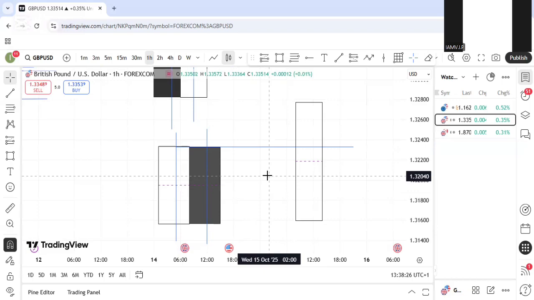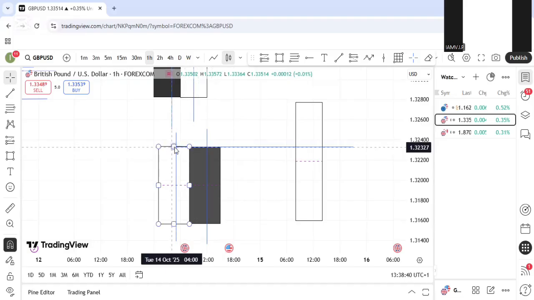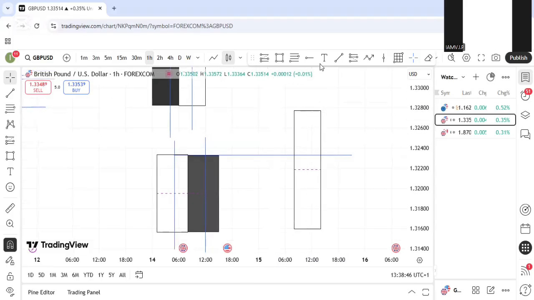For a bullish structure break to be valid, you need to see a body close above an N or A pattern. They look the same. An N and A pattern forms if you have two consecutive candles, the first candle being a bullish candle and the second candle a bearish candle. Once you see a candle close above it like this, it is automatically a bullish structure break.